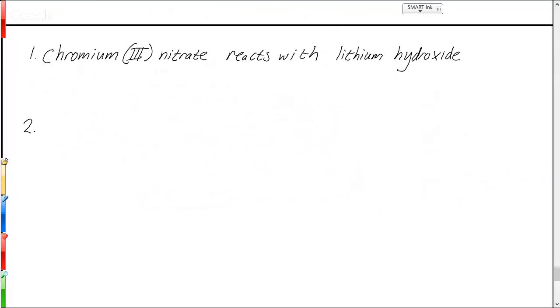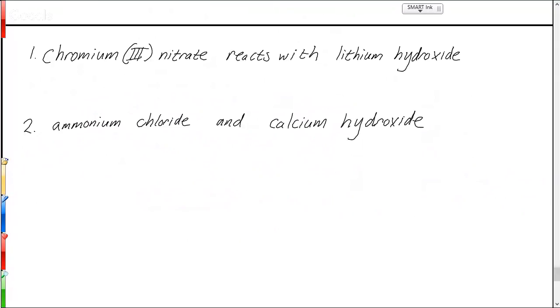And these are both aqueous. You can assume these are aqueous. And then ammonium chloride reacts with calcium hydroxide. So write the balanced molecular equation. If there's no reaction, write no reaction.